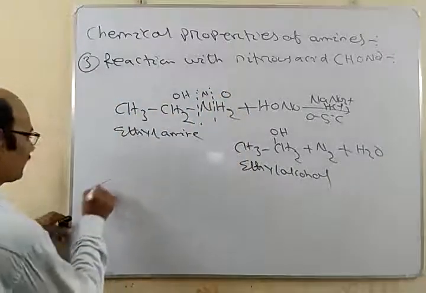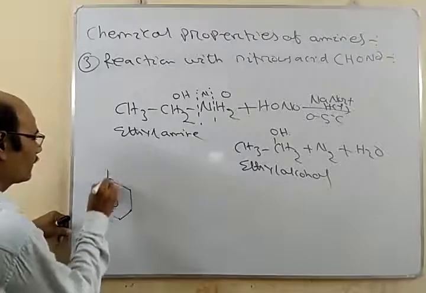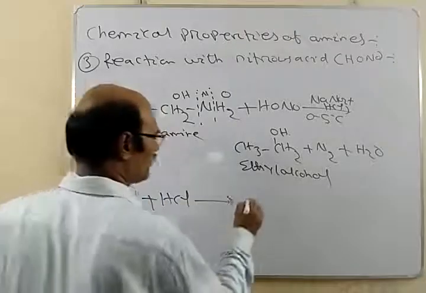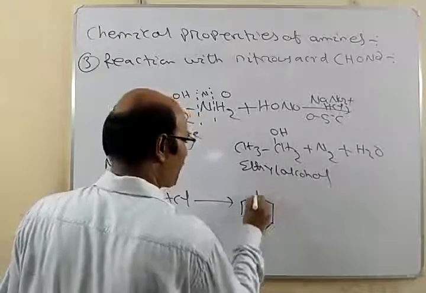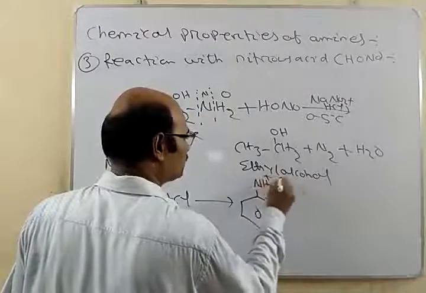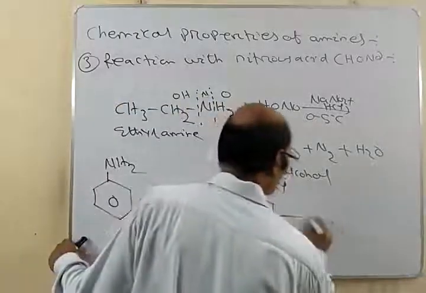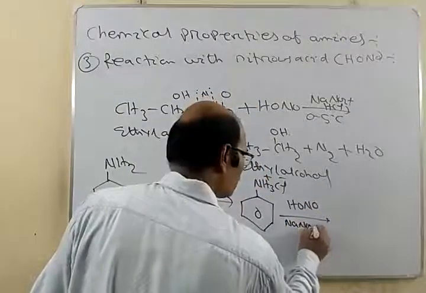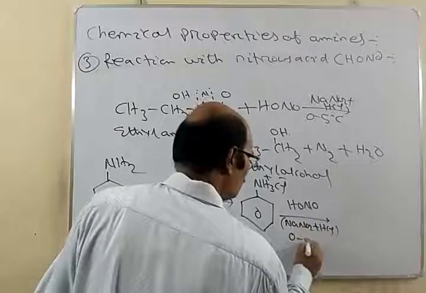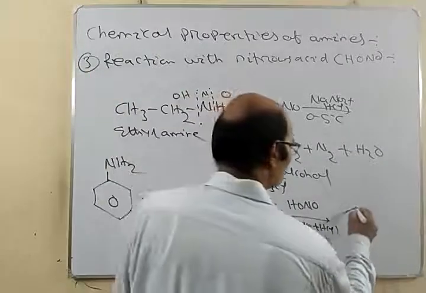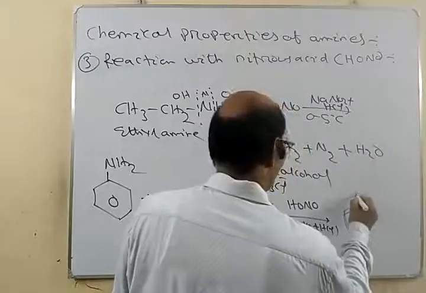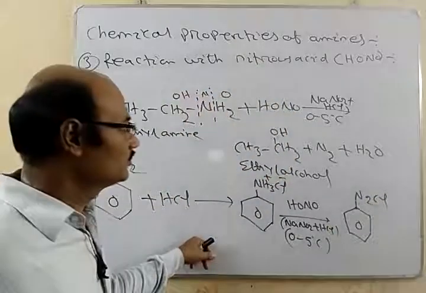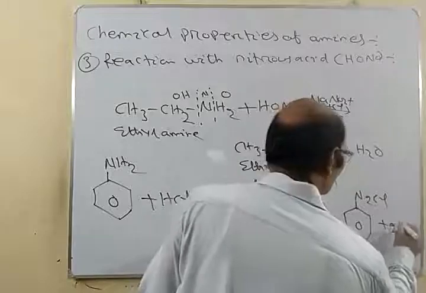So if I take aniline plus HCl, you get C6H5NH3+ Cl-. Then with HONO, that is NaNO2 plus HCl at 0 to 5 degrees centigrade, you get C6H5N2+ Cl- plus 2H2O.